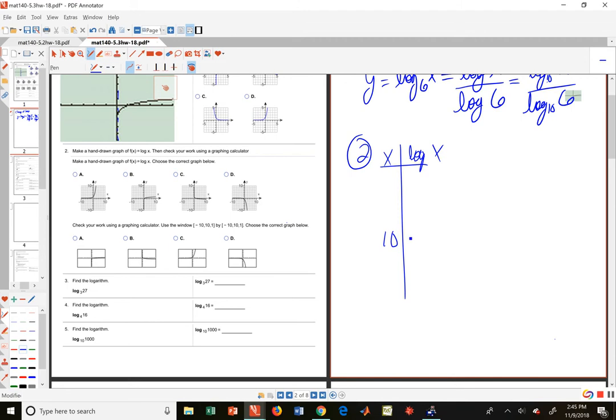The log base 10 of 10 means, what is the exponent on the base 10 that gives you back 10?